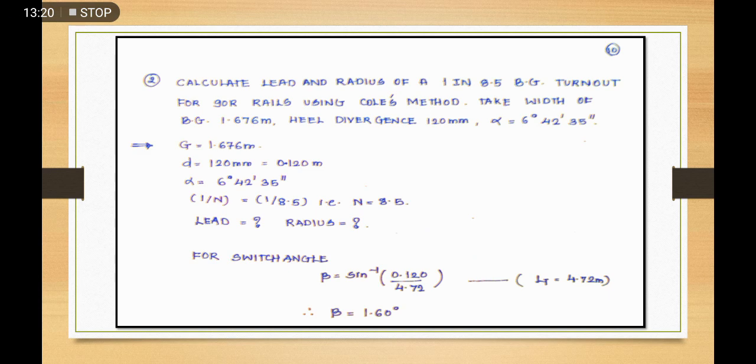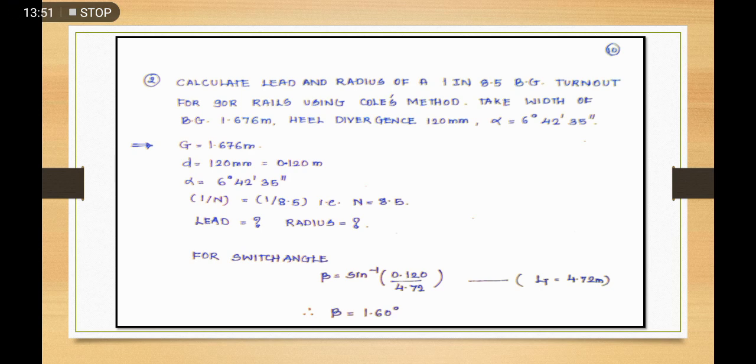Now the second one, considering the second problem where the straight arm is 0. The question is: calculate lead and radius of a 1 in 8.5 broad gauge turnout for 90R rails using Cole's method. Take width of broad gauge 1676 mm, heel divergence 120 mm and alpha 6 degree 42 minutes 35 seconds.